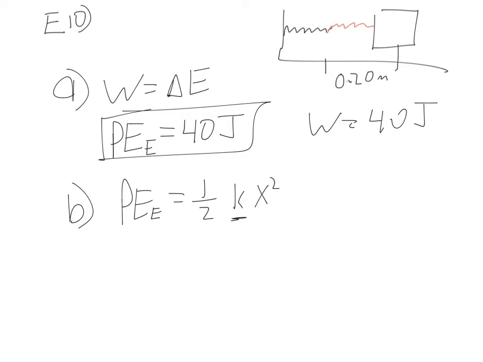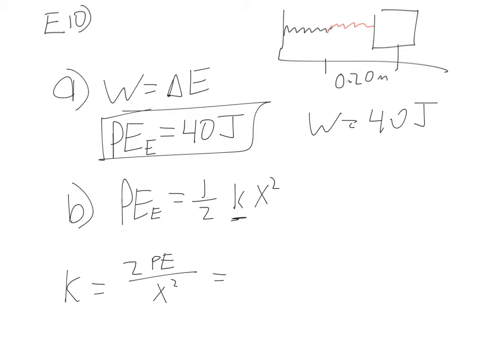So we know the amount of stretch or compression, we know the potential energy, we just have to solve this equation for k. So we can multiply the two up, and we end up with 2 times PE, and then divide both sides by x squared, and we end up with k equals 2 times PE divided by x squared.